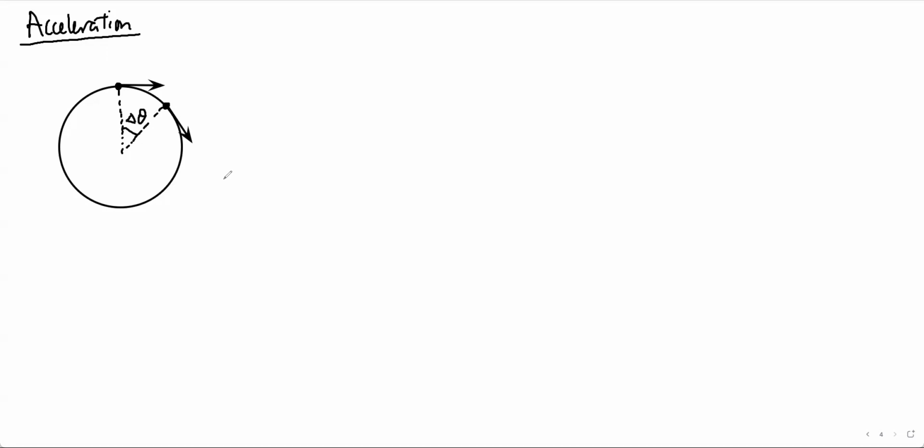Let's say the object is moving from point A to point B. They're moving at constant speed. But the magnitude of the velocity is constant, but the direction is not. There's a change in the direction of the velocity.